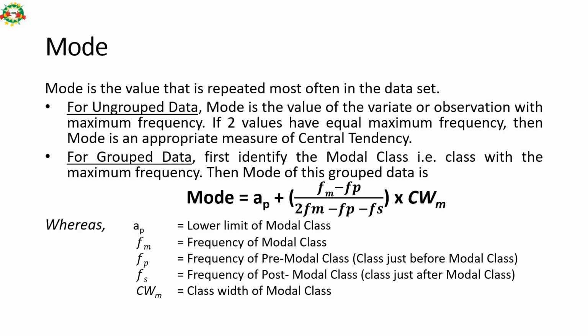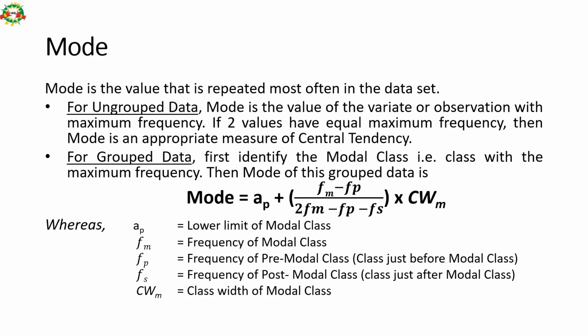For grouped data, first identify the modal class, that is the class with maximum frequency, and then mode is equal to AP plus FM minus FP divided by 2FM minus FP minus FS, multiplied by CWM. Here AP is the lower limit of the modal class, FM is the frequency of the modal class, FP is the frequency of the pre-modal class, FS is the frequency of the post-modal class, and CWM is the class width of the modal class.